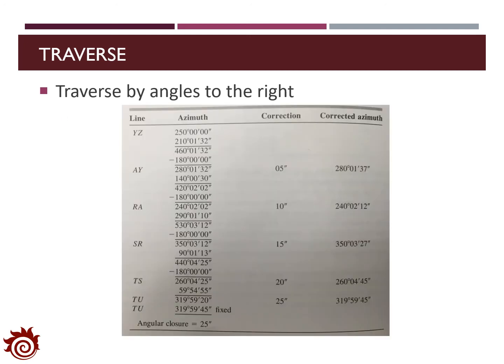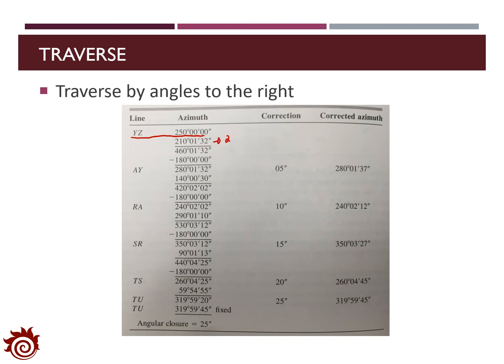The table here summarizes the calculation and the correction for the example in the previous page. In the experiment, we can get the azimuth of the line YZ and also the angles to the right.